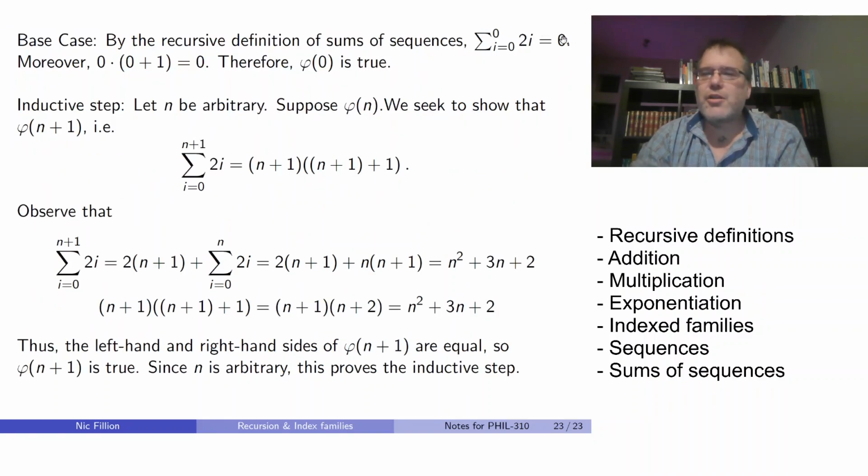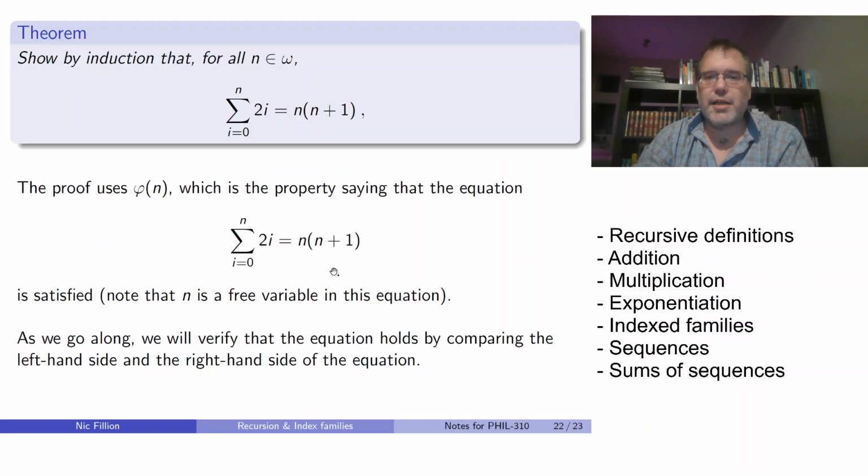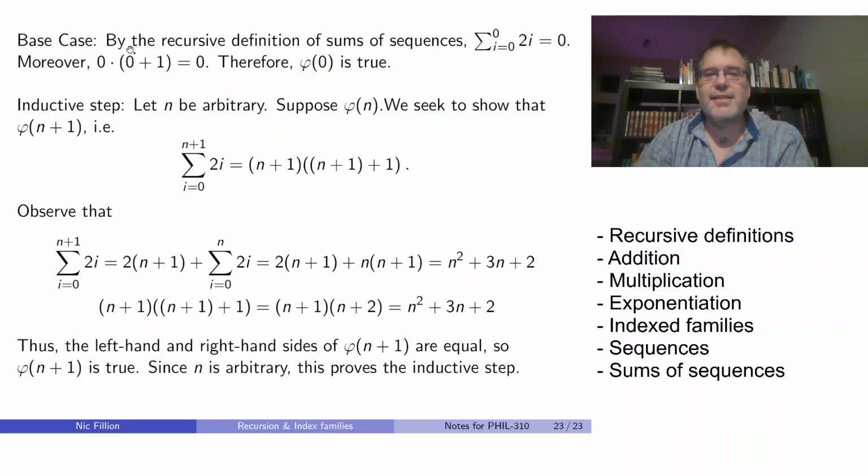Okay, so the sum here is 0. And then for the right-hand side, again, the right-hand side is n times n plus 1. We get 0 times 0 plus 1 equals 0, which is, of course, 0. So that means that the left-hand side and the right-hand side are equal when you replace n by 0. Easy.